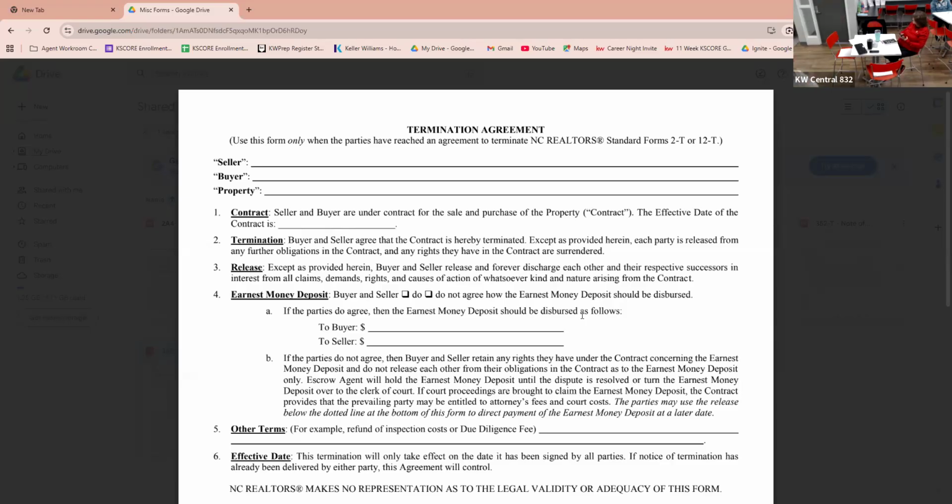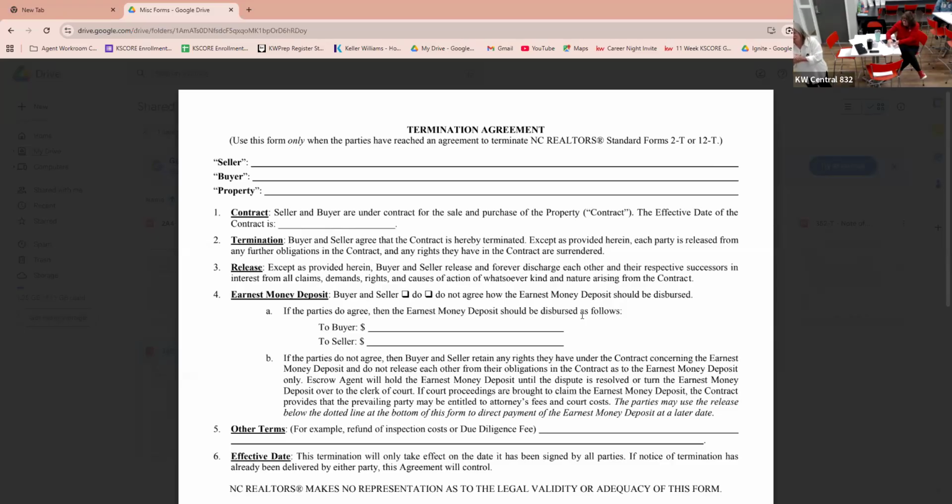Refund of due diligence. They might put refund of inspection costs or due diligence fee or both. So just be very cognizant on this form when you get a mutual agreement that you are reading this.